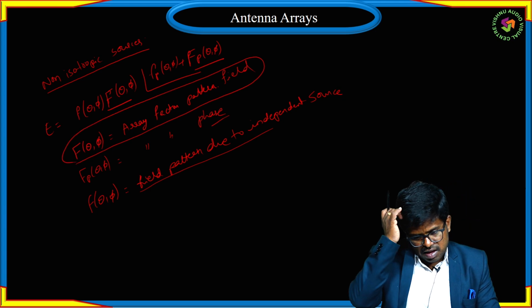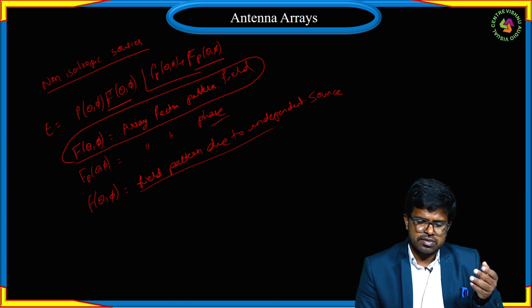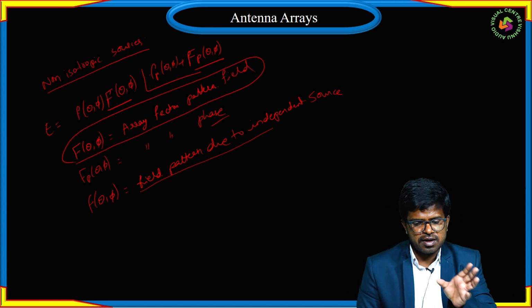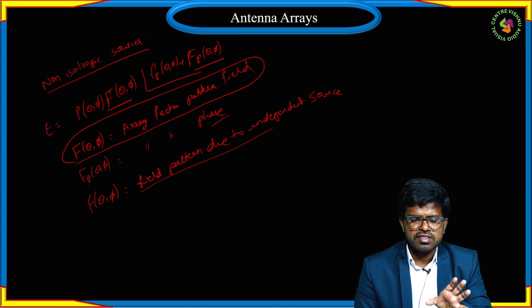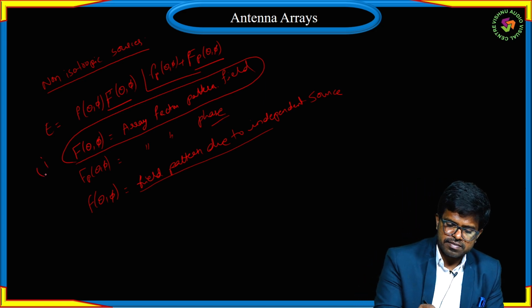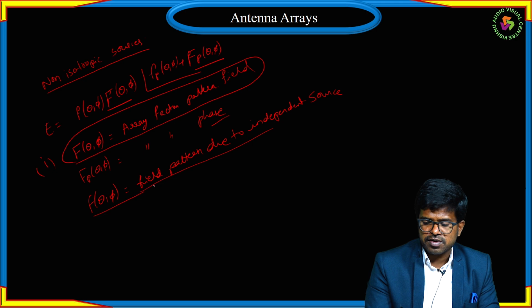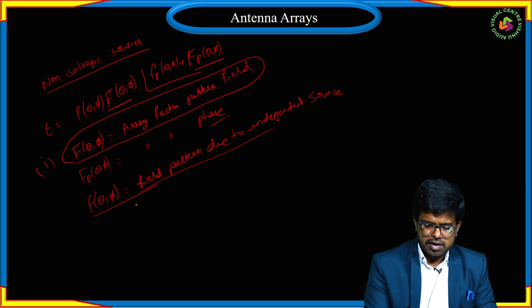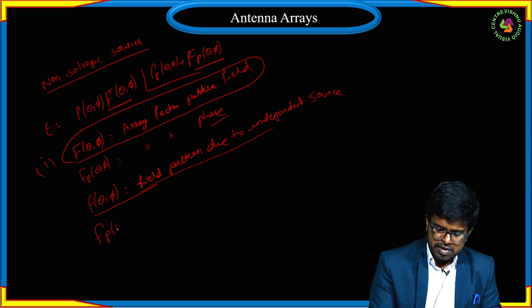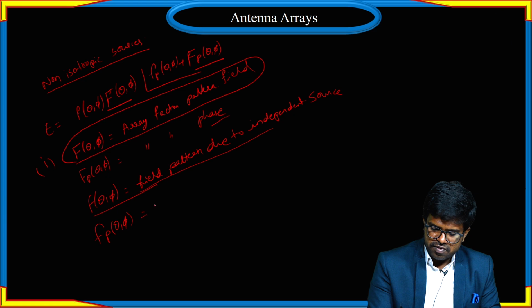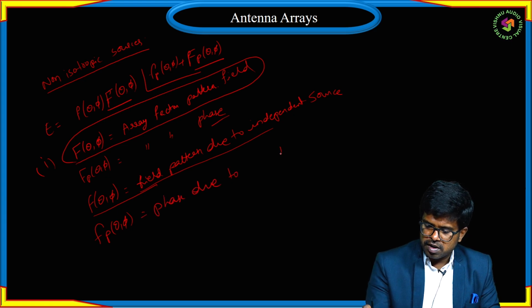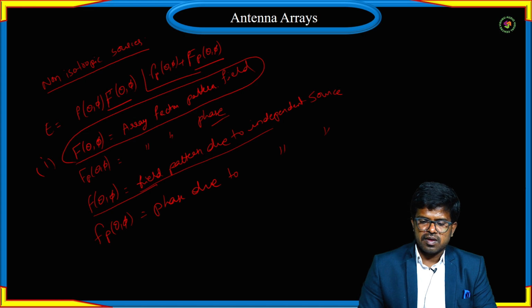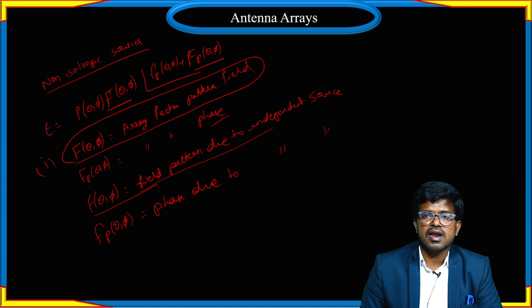If the antennas are placed with the same amplitude and same phase, then the first case will come here, and this is the field pattern due to the individual component. This fp theta comma phi is the phase due to the independent source. So this is for non-isotropic sources.